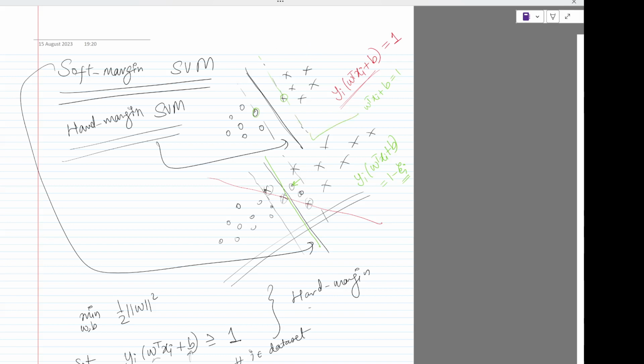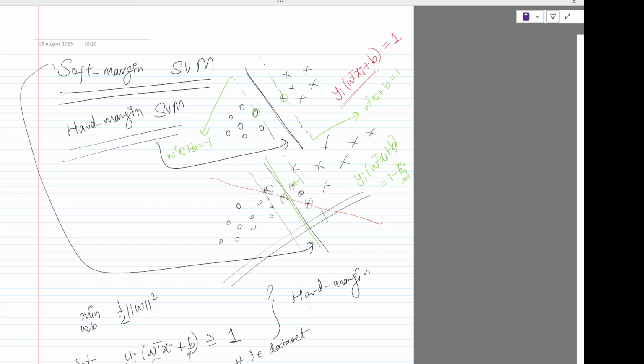Let's suppose this is this line, and this line will be w transpose xi plus b equal to minus 1. This is line minus 1, this is line plus 1. When you multiply yi, which is the label of xi, this term will become plus 1, which will also become plus 1. So these are the two lines.